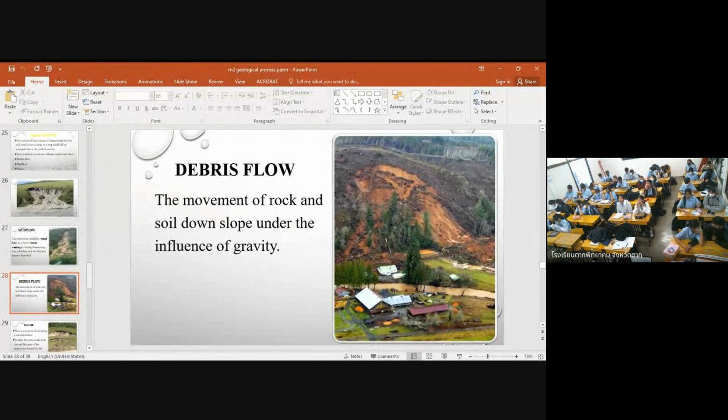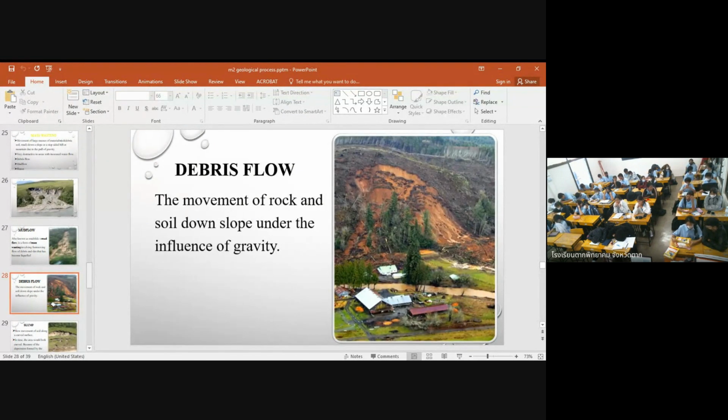debris flow. The movement of rock or rock and soil down slope under the influence of gravity. If you observe the picture, there is a debris flow. This one is a mountain, and then this one is soil with rocks.